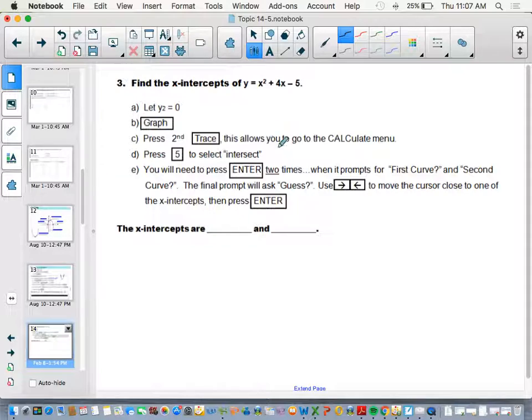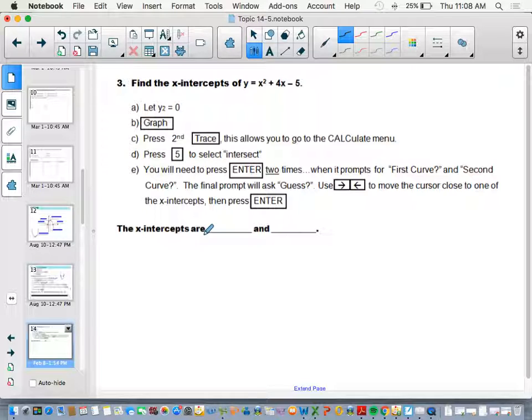Now, you're going to press enter 3 times, and tell me what it tells you. Second trace, 5. Enter 3 times. That's okay. First curve, second curve. Just go enter.